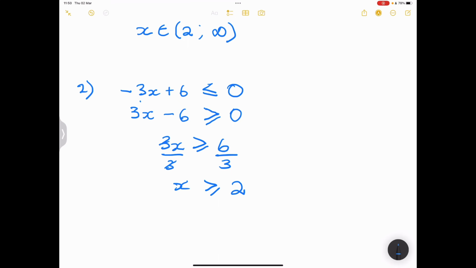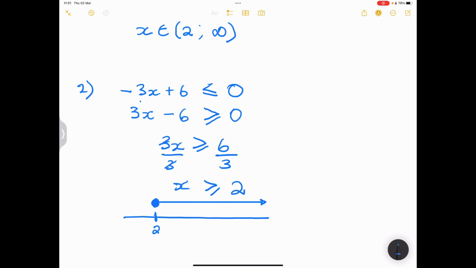So in this case, if I write it again in interval notation, I'm going to draw a number line and say, well, for all values from 2 all the way till infinity. Notice because 2 is included, I'm going to fill in that dot, all the way till infinity.